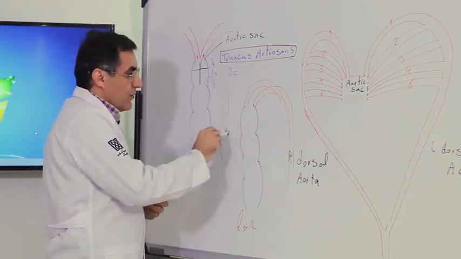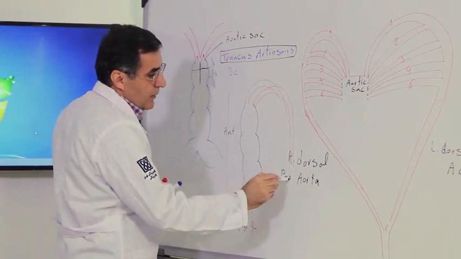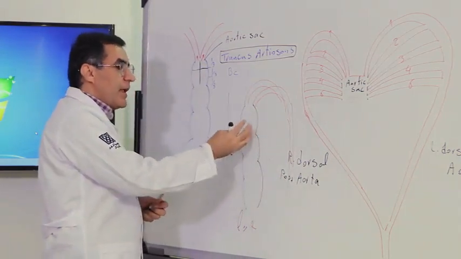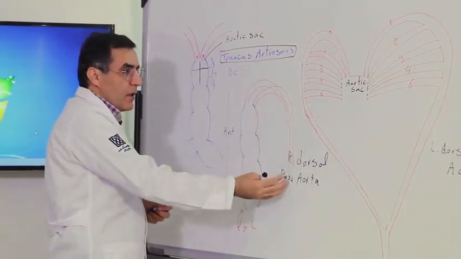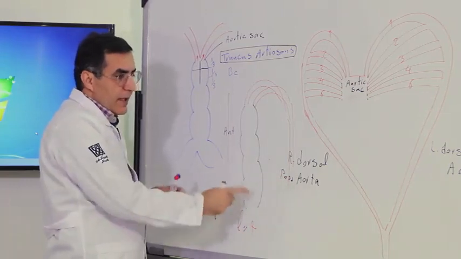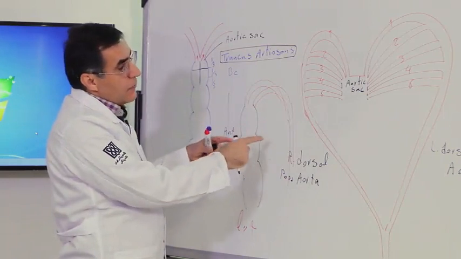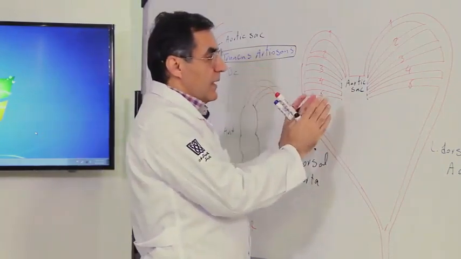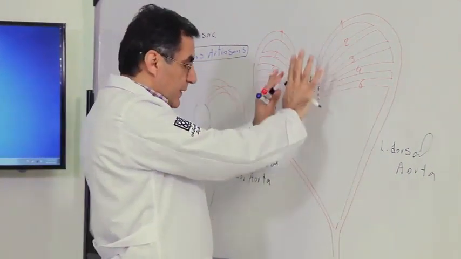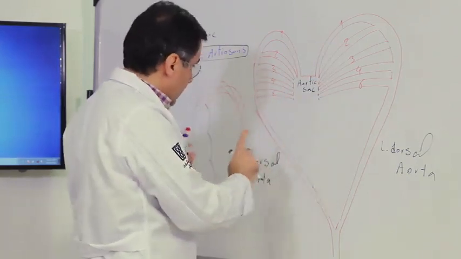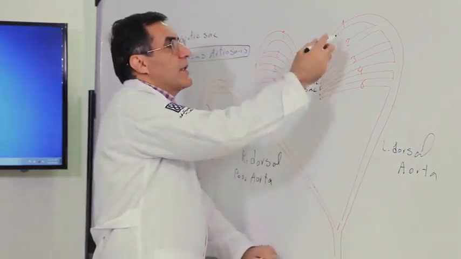Here is anterior and here is posterior. It means that the heart is situated in front of the dorsal aorta. In the lateral view, this relation is understood very well, but in an anterior view, both of them are situated at the same level. This is an important point.